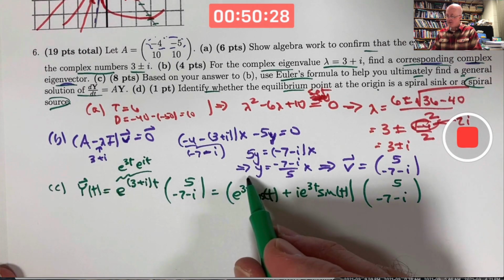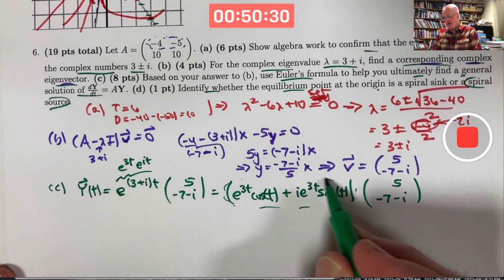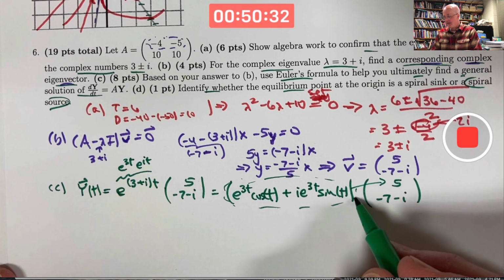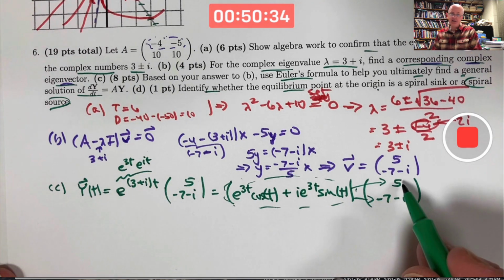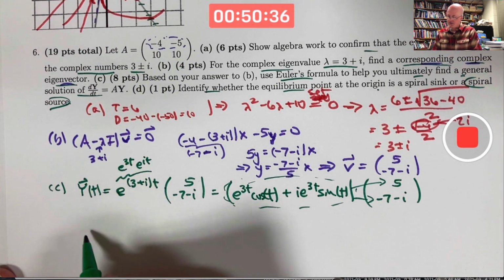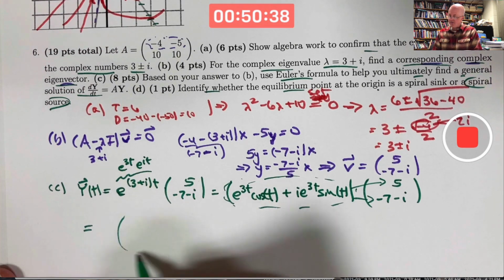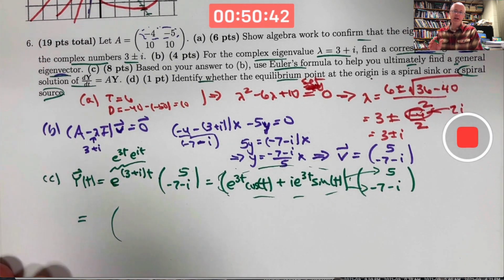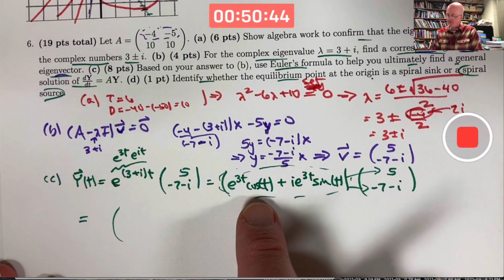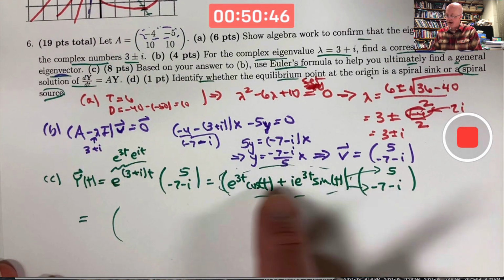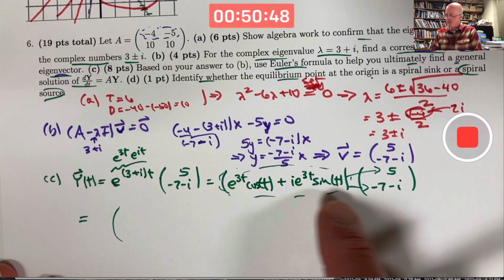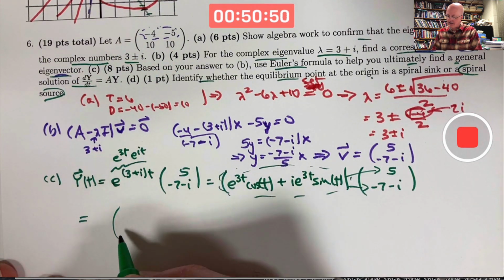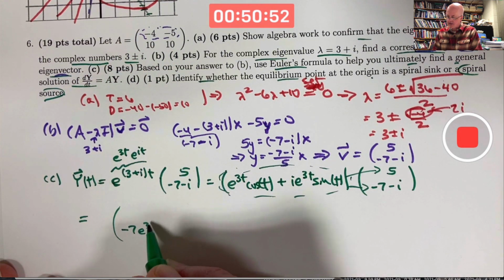Now I want to take this complex scalar and multiply it times each component. Multiplying times the first component is easy. The second one's trickier. I need to FOIL, and I want to think about separating the real and imaginary parts right away. First times first is going to be real. There's no i. e to the 3t cos t times -7 is -7 e to the 3t cos t.